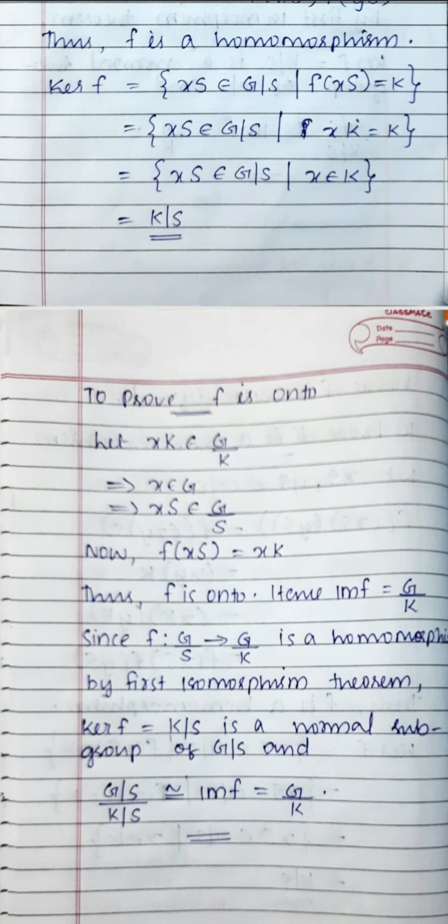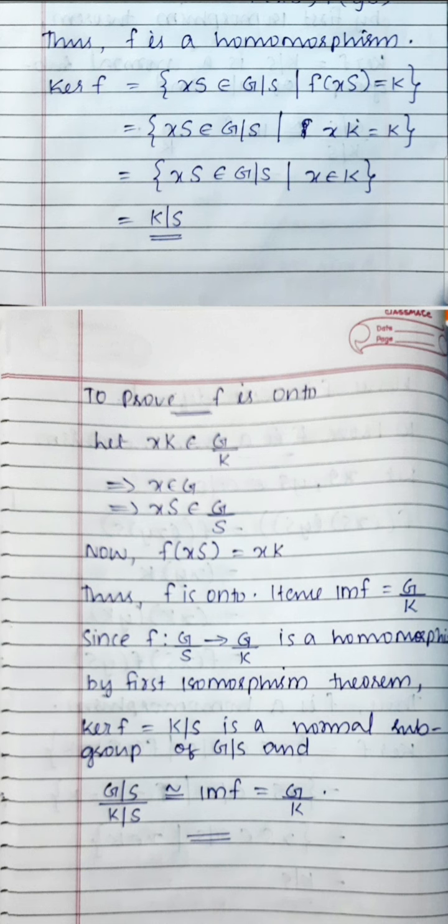So let's recall what the first isomorphism theorem was, because in the remaining part we are using that to prove the second part of the theorem. The first homomorphism theorem says: given a function f from g to h, which is a homomorphic function, kernel of f is a normal subgroup of g, and g by kernel of f is isomorphic to image of f.